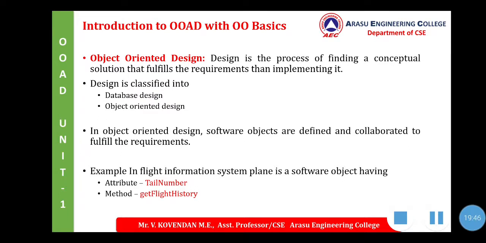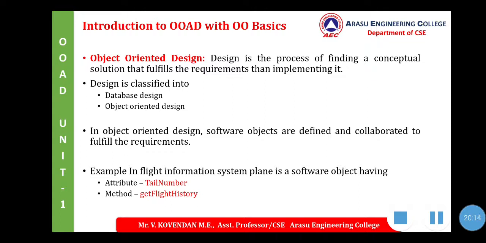Coming to object oriented design, it is the process of finding the conceptual solution that fulfills the requirements. That is the real time implementation part. This design part is classified into database system and object oriented design system. We already know a database is a collection of raw information that will be converted into information. In object oriented design, software objects are defined and collaborate to fulfill the requirements.